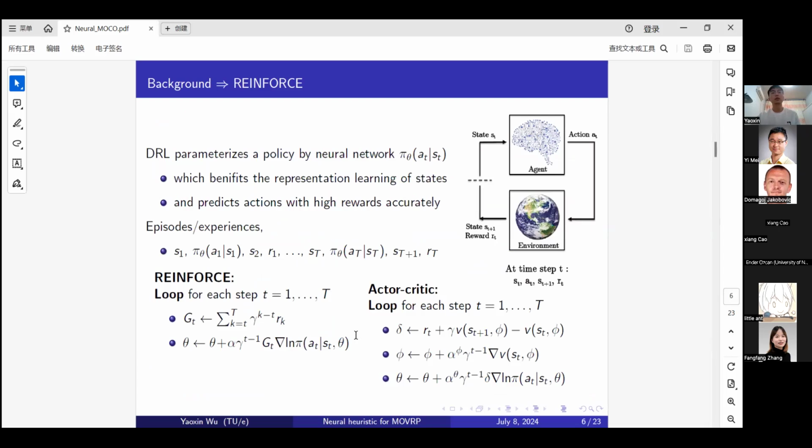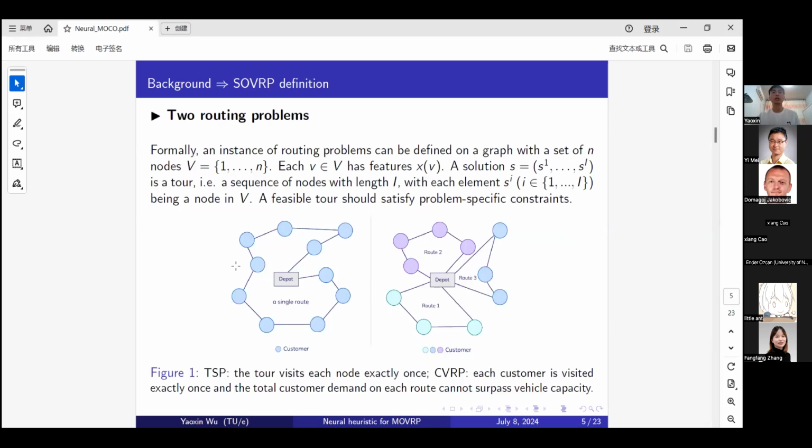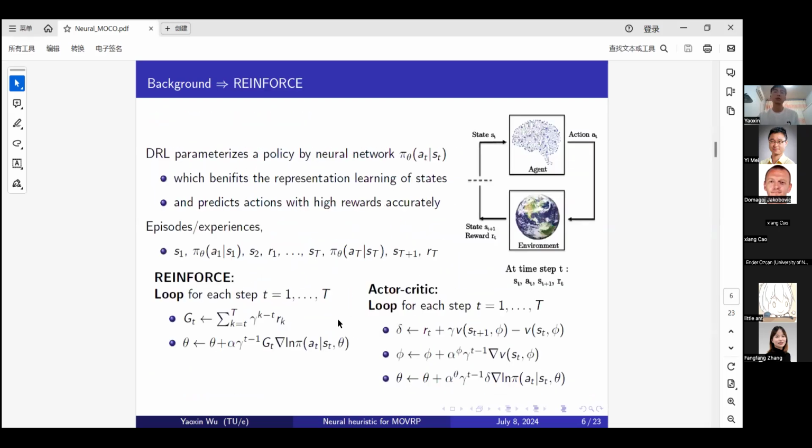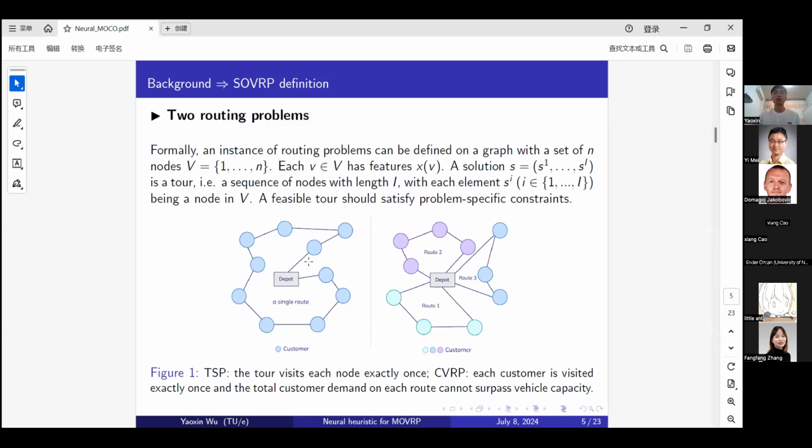And to solve these single-objective weak routing problems, the main deep learning method now is using a deep reinforcement learning algorithm to learn the policy to construct the route.